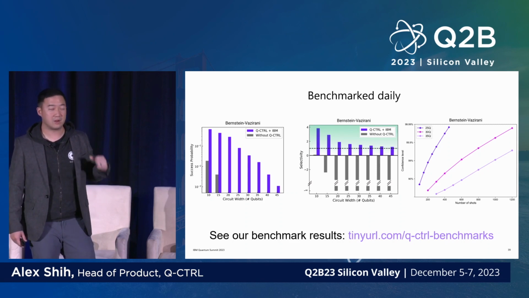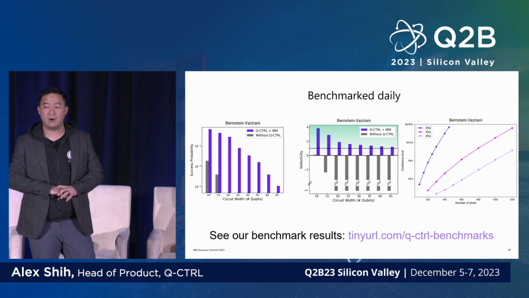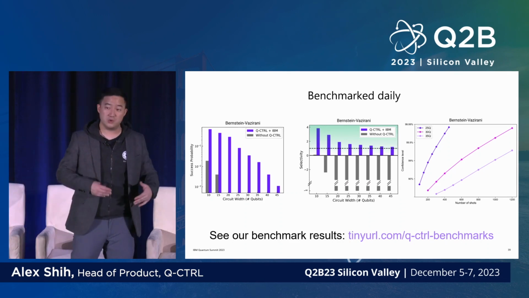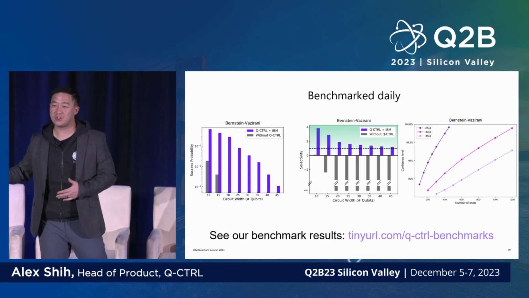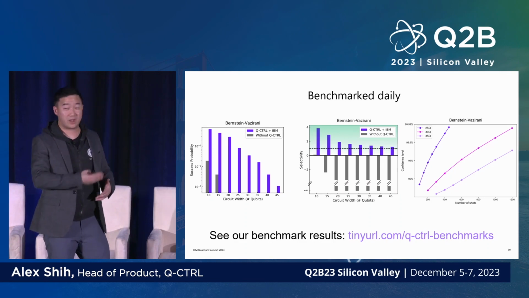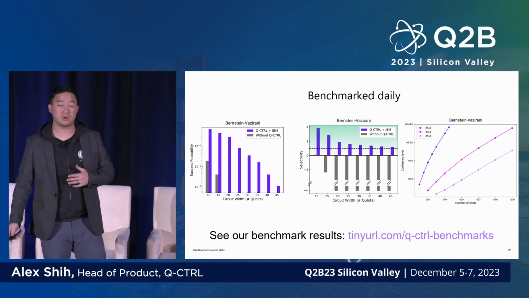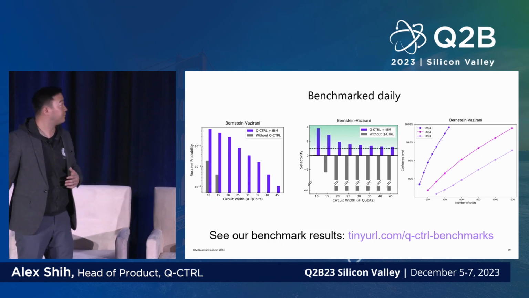We want to make sure that the performance we're delivering is valuable not only for end users, but for you to, even before you run an execution, go and look at our latest benchmarks and see how it's performing against other options, especially with Q-Control turned on.